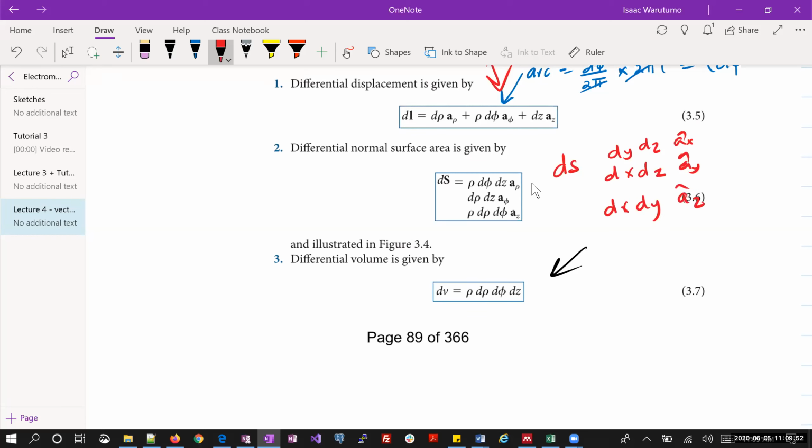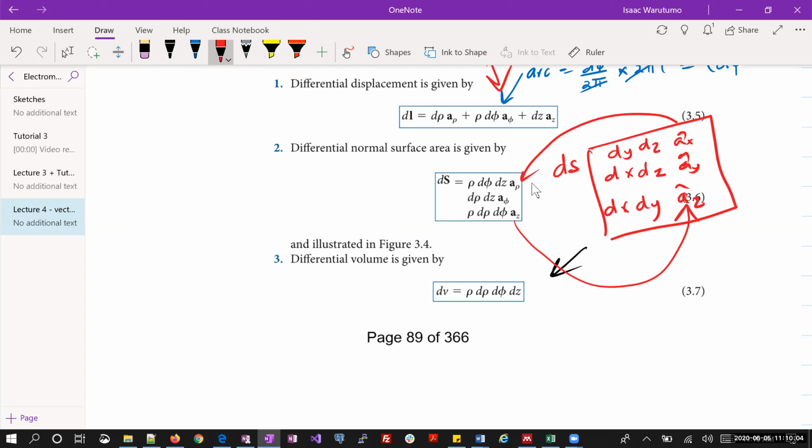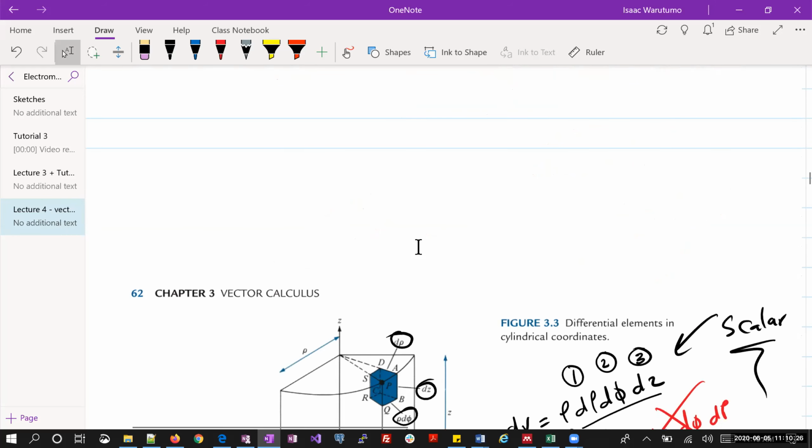If you observe the similarity between these two, you would see that it follows the same order, where ax goes with the ax term and az with the az term. Of course, d rho is equivalent to dx. The only idea we are introducing is this extra element, which is not anywhere here. It comes in because of the length of the arc. That is the one that introduces that concept. Hope you understand. You can always comment in the chat that you have understood.